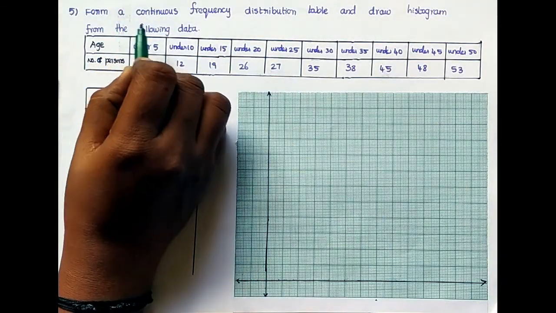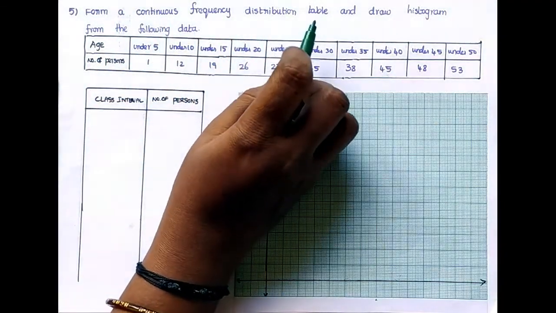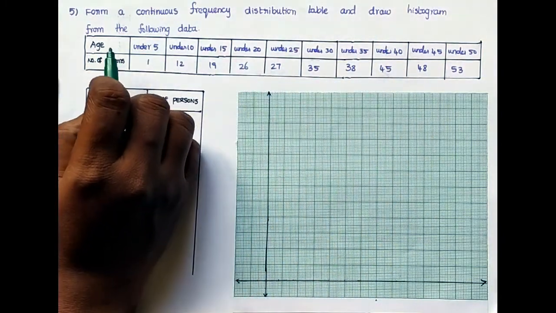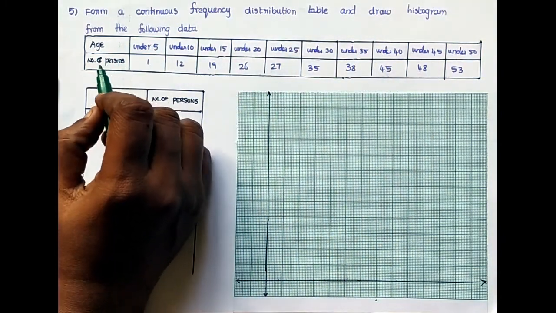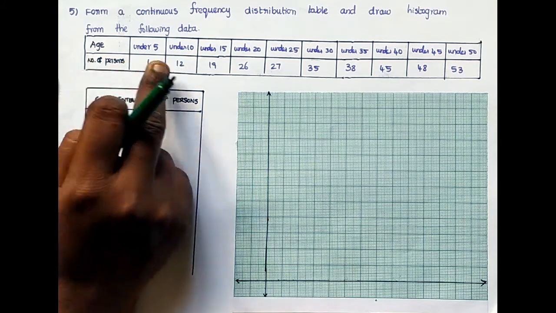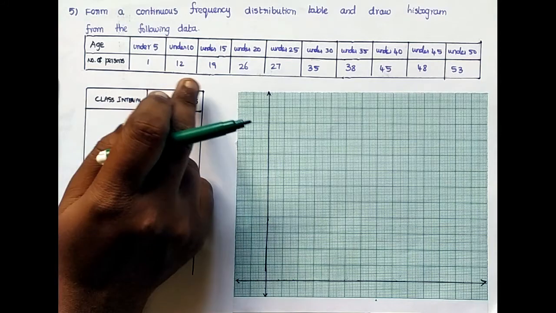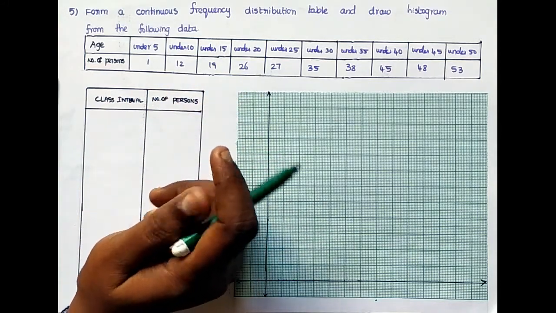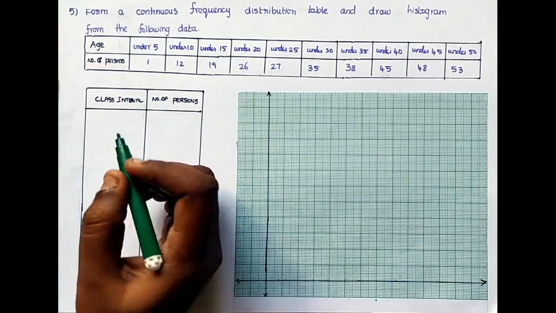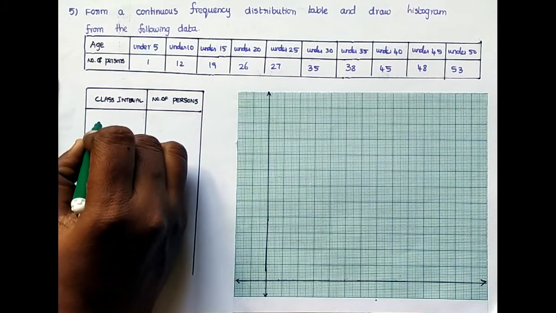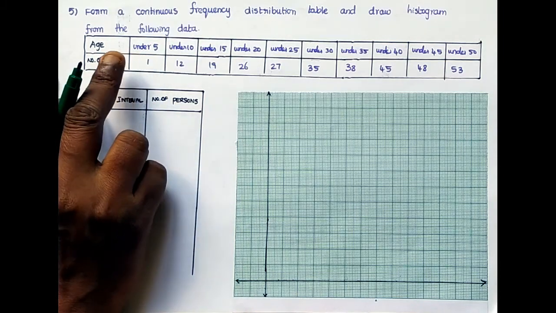Fifth sum: form a continuous frequency distribution table and draw a histogram from the following data. Age under 5, under 10, under 15, under 20 are given, and the number of persons is also given in the table column. First, class interval: under 5 means 0 to 5.